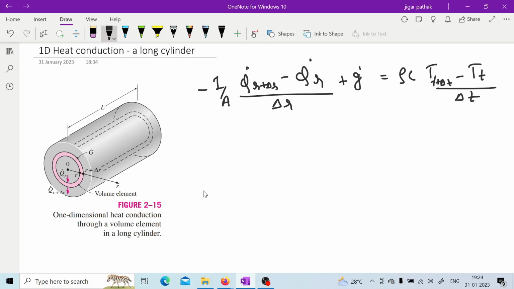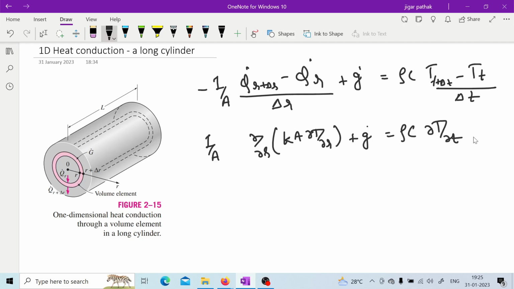So now again here this is given by Ka delta T by delta R, right? So we can simply write Ka delta T by delta R plus this heat generation, right? And here now you can put A is equal to 2 pi RL.